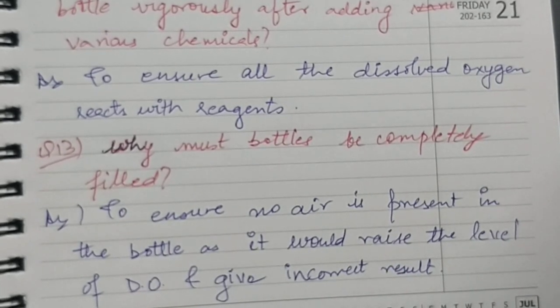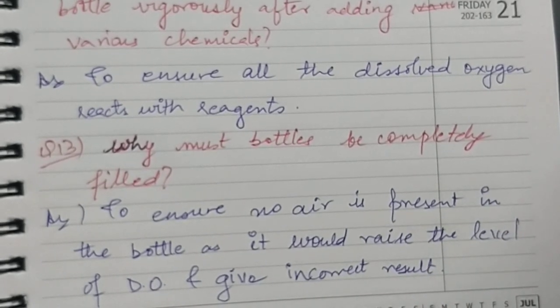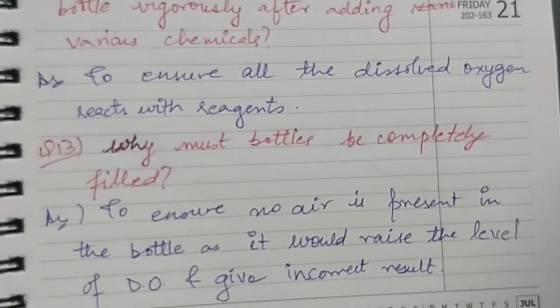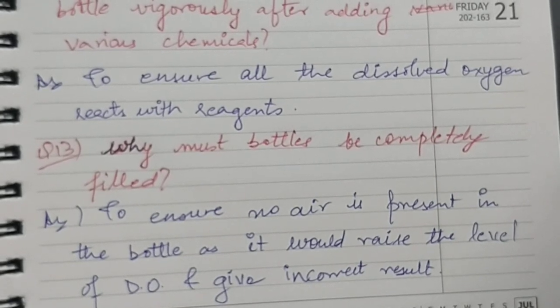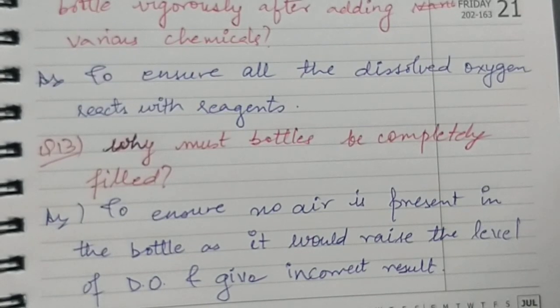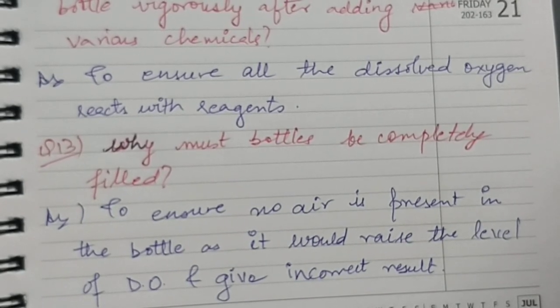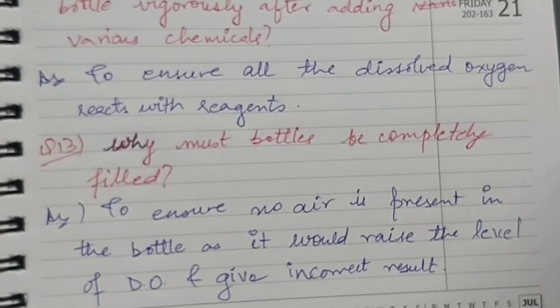Hence you will get the correct result, else you will get incorrect results if there is some air present in the water sample. By chance, if you see some bubbles in your water sample, then also you have to discard the whole sample and make the sample again, because those bubbles can also show you incorrect results because of the oxygen that is present in the air.